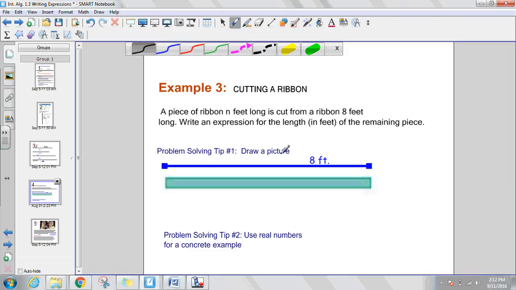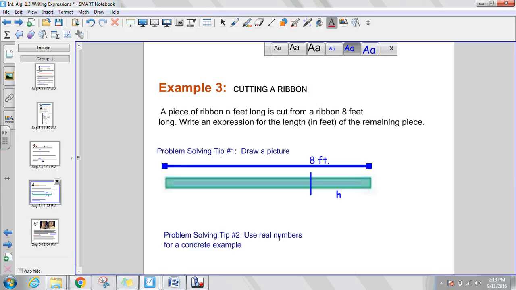We don't know how much we cut, so we're just going to call that piece that we cut off N. Okay, so this piece is what I'm cutting away. This I'm going to call N. It's N feet long. That's how long that piece was. And we need to write an expression for the length that's left. So this whole other left side of my snip here is leftover. How much is that? How do we write an expression for that? I'm a little confused here.